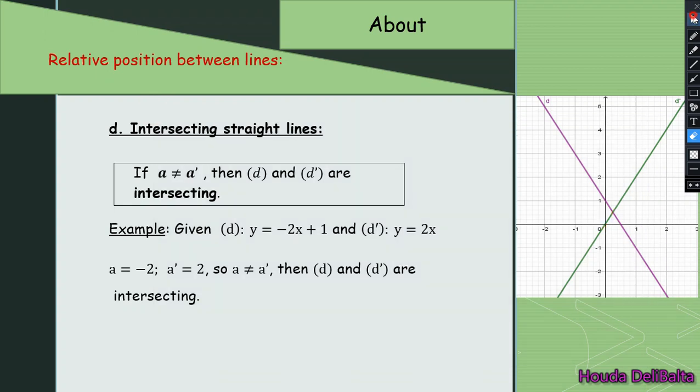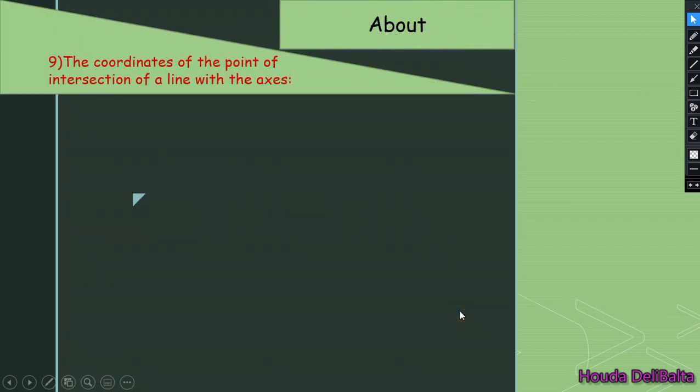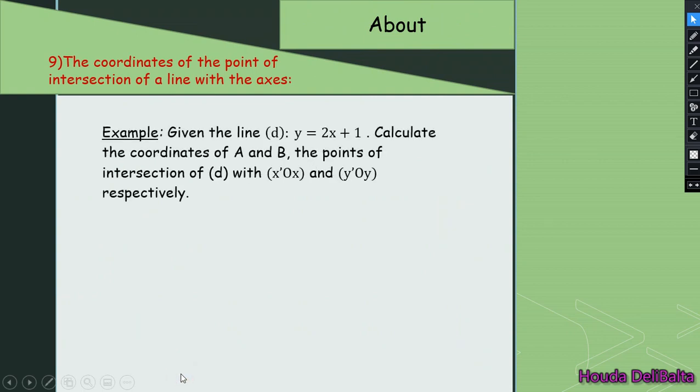Now let's continue to learn how we determine the coordinates of the point of intersection of a line with the axes, the x-axis and the y-axis. And we'll explain this using an example. For example, here there is a line D of equation y equals x plus 1.